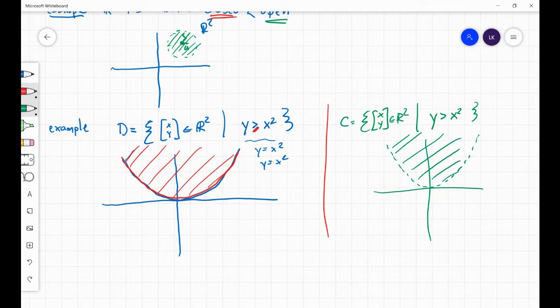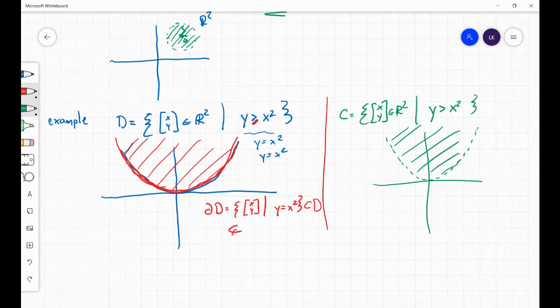Here we used a solid curve to indicate graphically that we are including the boundary points in our set. So the boundary of this region is the set of all points such that y equals x squared, and we see that that is contained in the region itself.